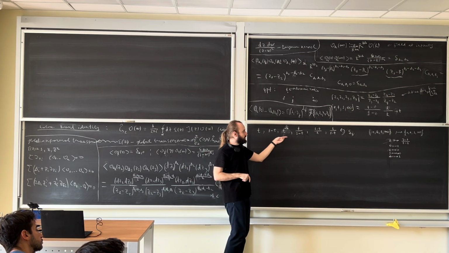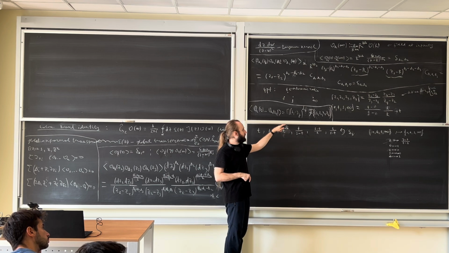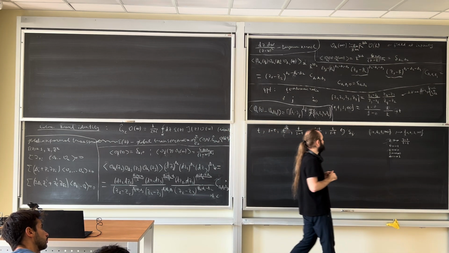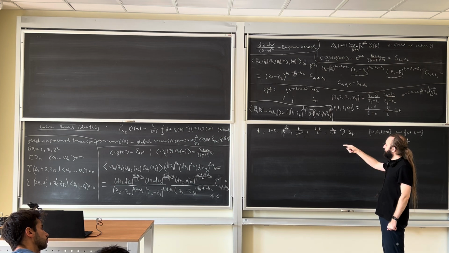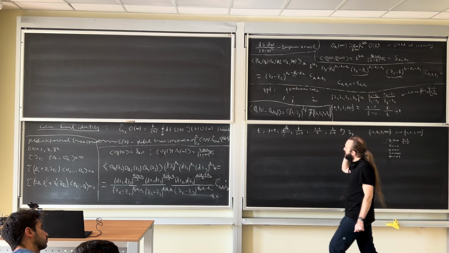So these quantities are anharmonic ratios for different permutations of points. And if you want to write what kind of ratio it is, it's easy.